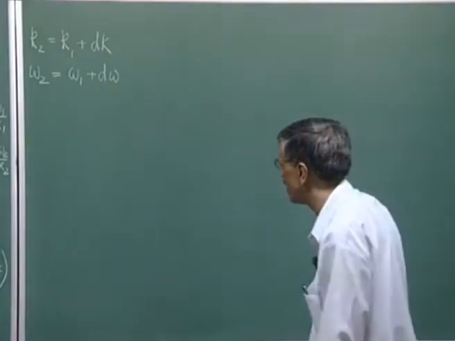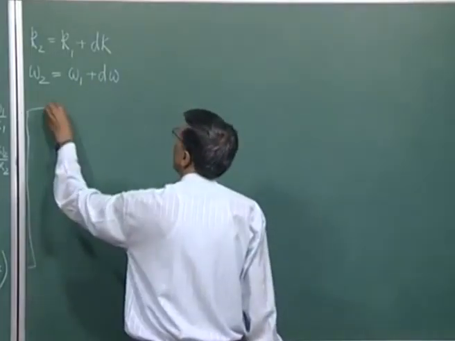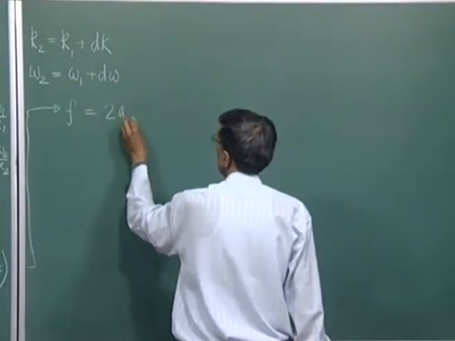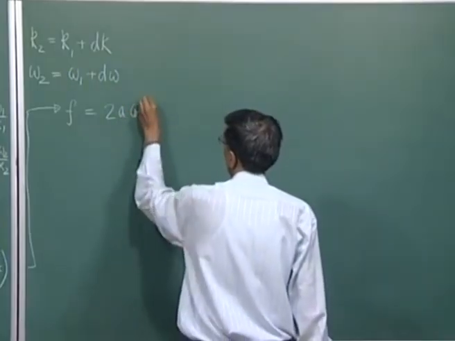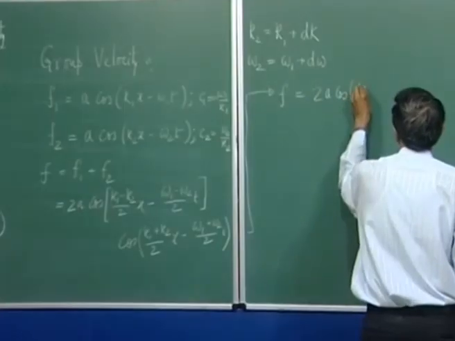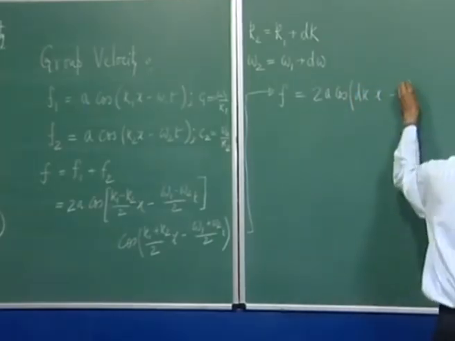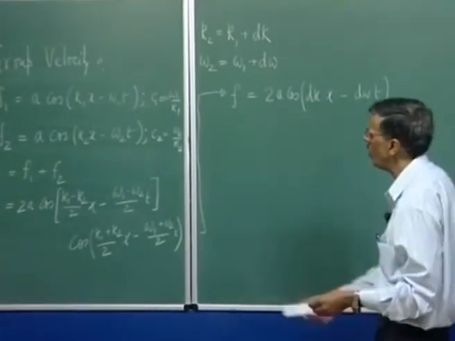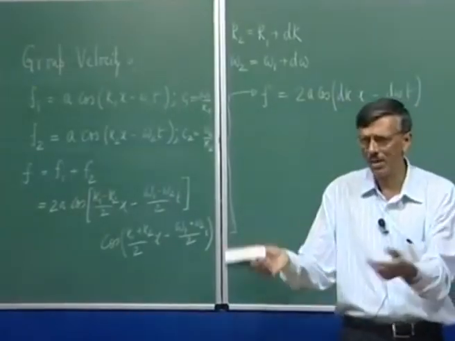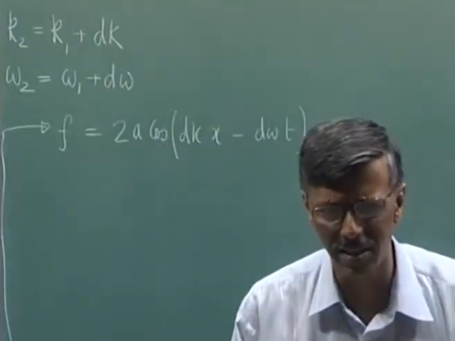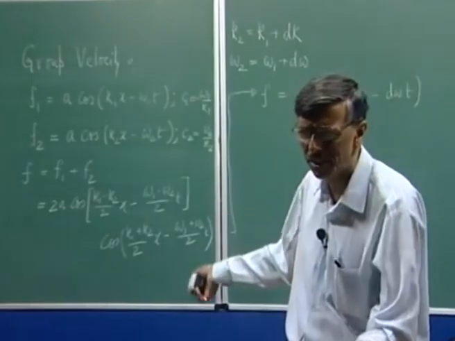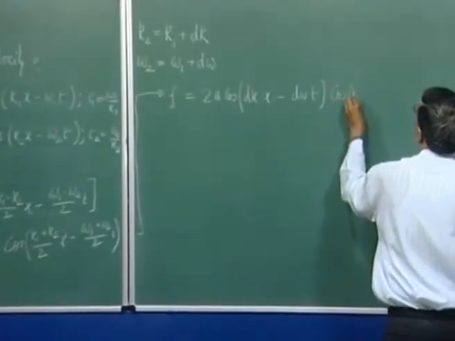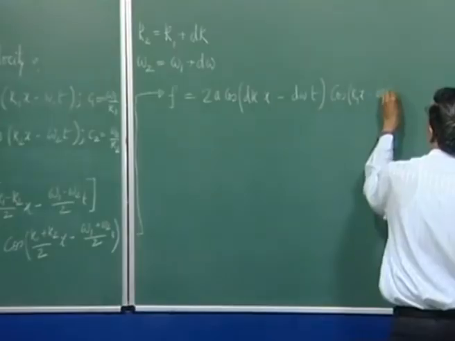Then f is nothing but 2a cos(dk times x minus d omega times t), and the other part will be like an average, so I could simply write it as cos(k1x minus omega 1 t).